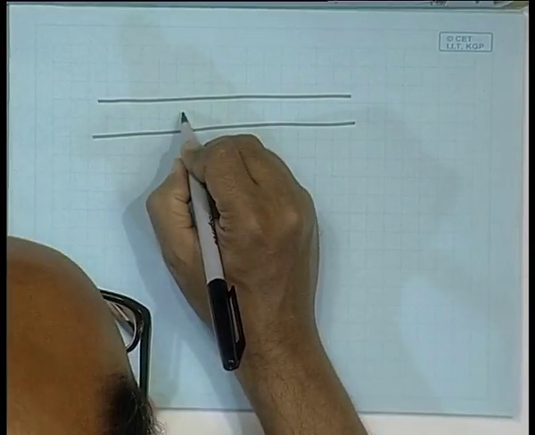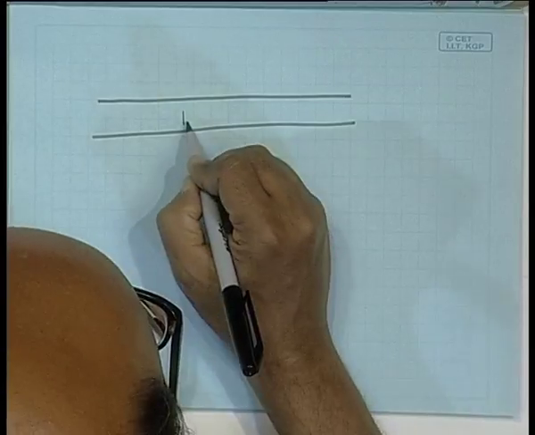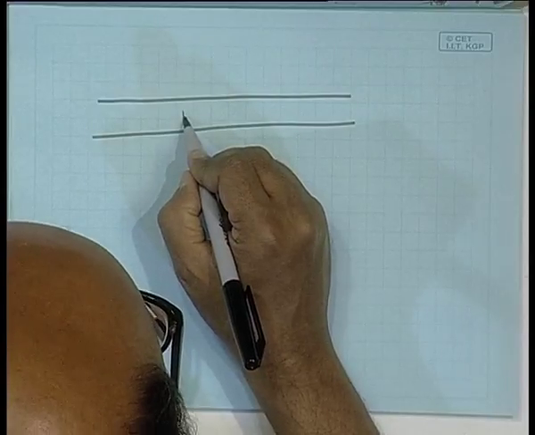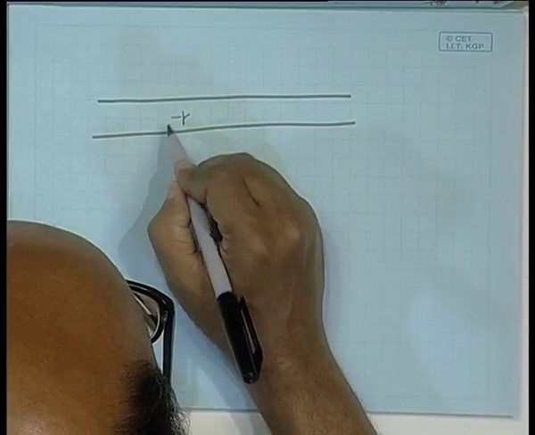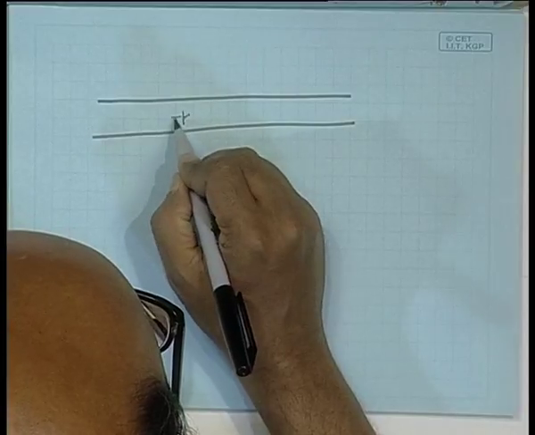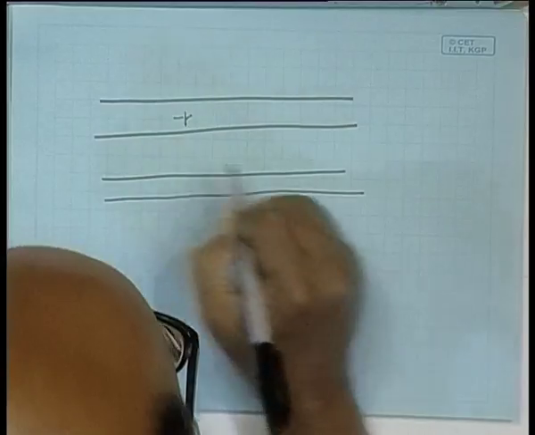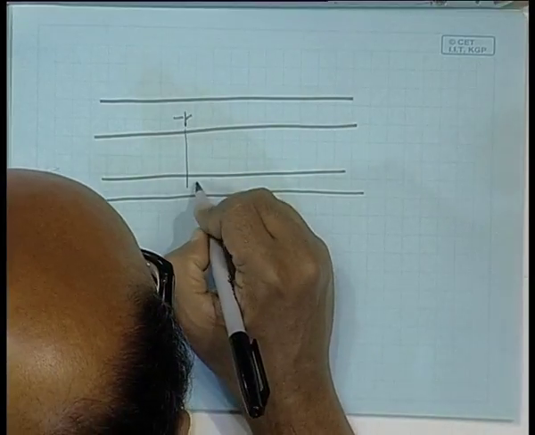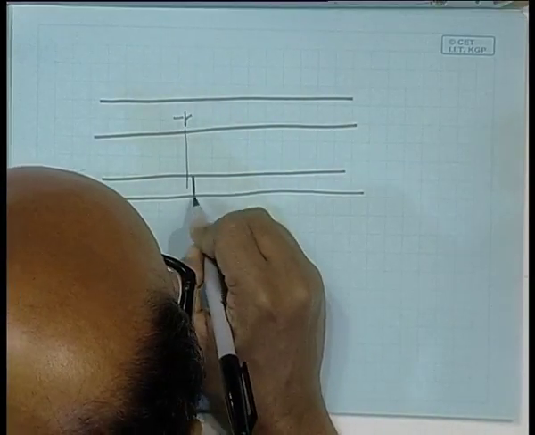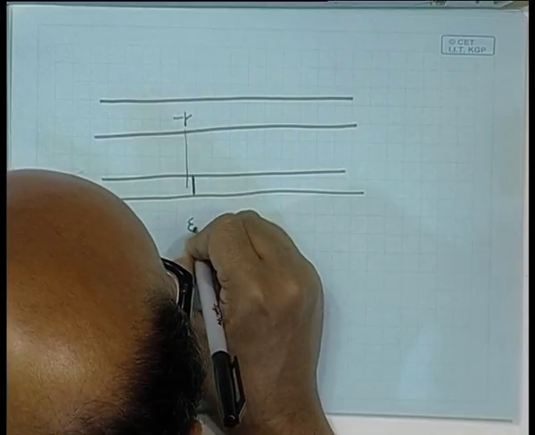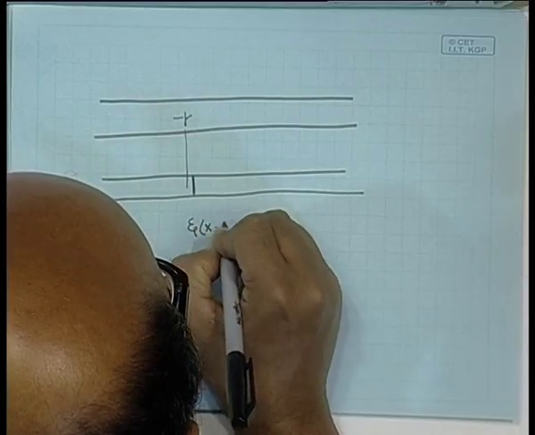and because of the disturbance, this element of the elastic rod will move around. So, it may move here or it may move here, and as it moves around, this is the same rod, and because of the disturbance, this particular element here has now moved over here, and this is the disturbance xi x t.